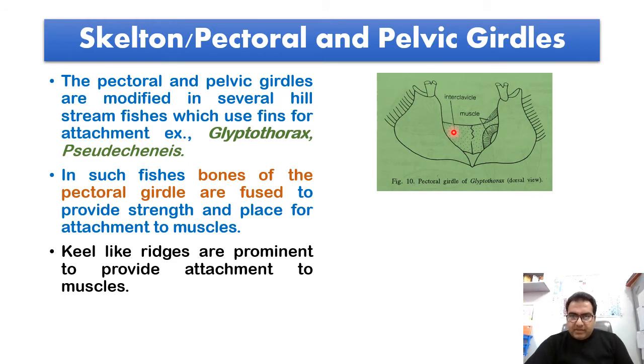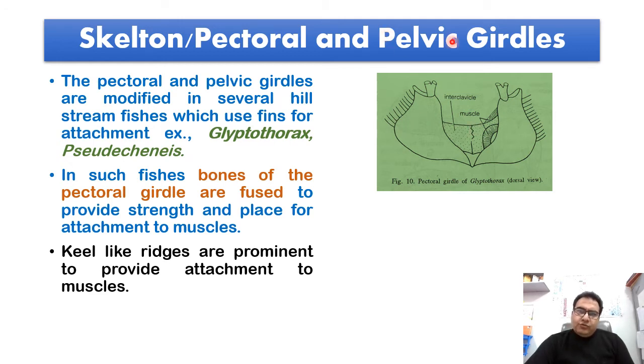That is why muscles are attached to the pelvic and pectoral girdles. They provide strength, and moreover the keel-like ridges are prominent to provide attachment to the muscles. Also, the adductor and abductor muscles are well developed, and four extra muscles are developed to move the spine.